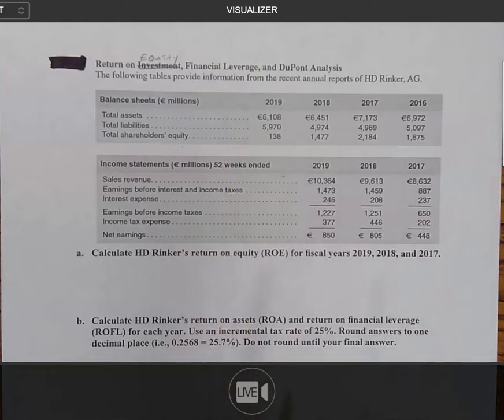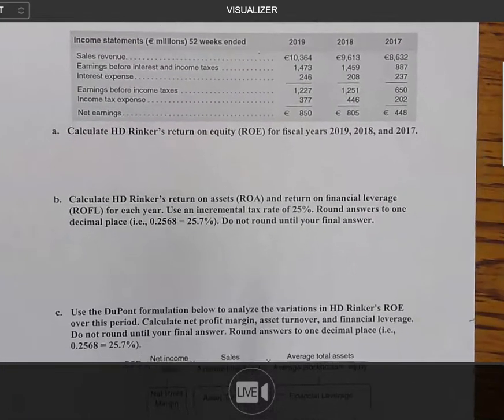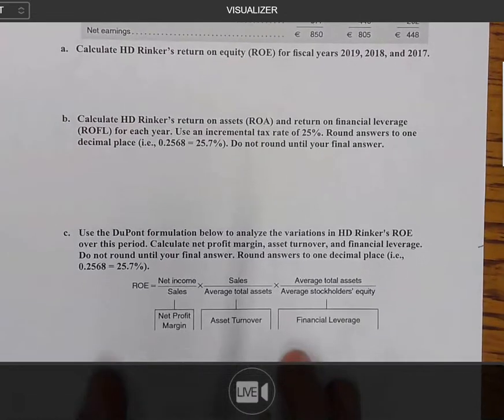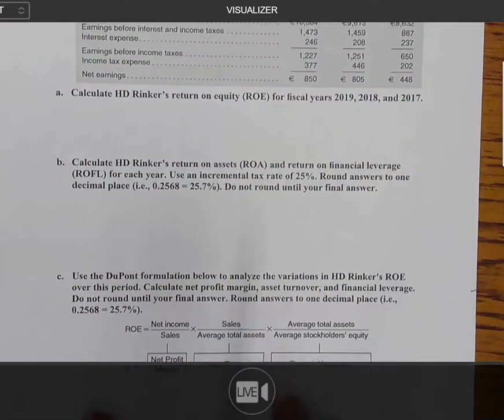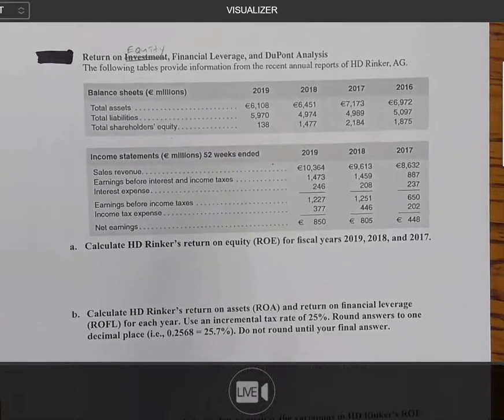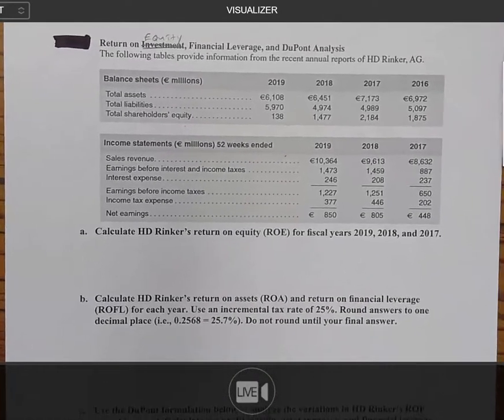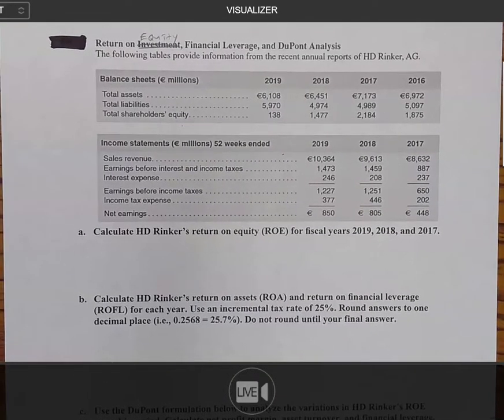On pretty much all of these requirements, there are three of them, A, B, and C, they want us to calculate something for each of these years, and we simply do not have that kind of time. So what we're going to do is just 1 year for each of these.